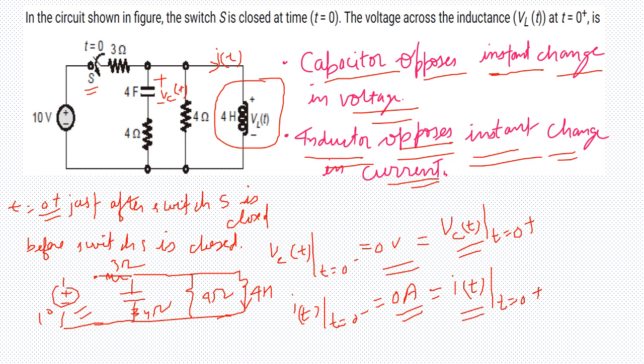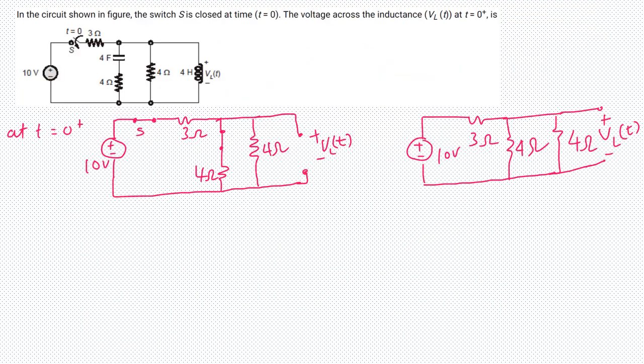So how to represent this in a circuit? Let us see that. You can see that this can be represented as shown here. The switch is shown by just a conductor, and since the voltage Vc of t at t equal to 0 plus will be 0 volts, this can be represented by a conductor.